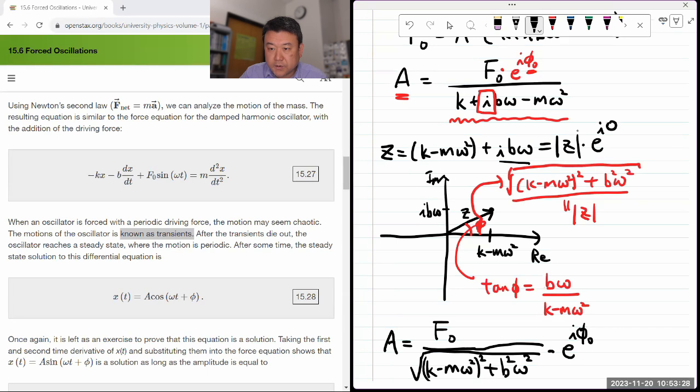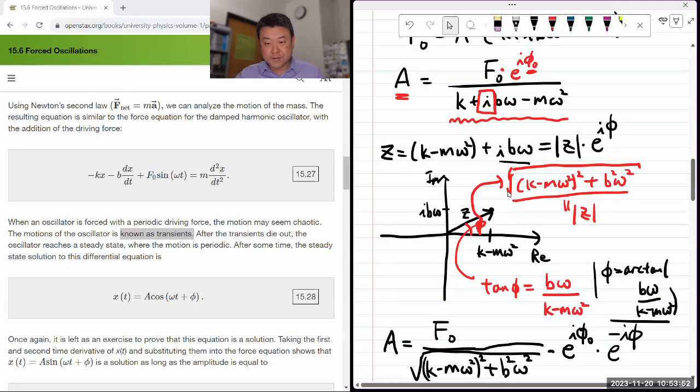I'm using a different letter, phi naught. So it's being divided by the number, so it's being multiplied by e to the minus i phi, where phi is given by the arc tangent of b omega over k minus m omega squared.